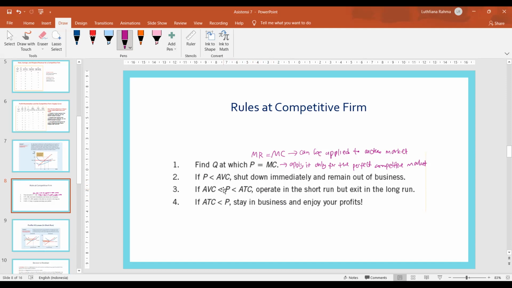Here, if the price is between AVC and ATC, the firm should operate in the short run, but it should exit in the long run. And if the price is above the average total cost, of course, the firm should stay in the business and enjoy the profits.